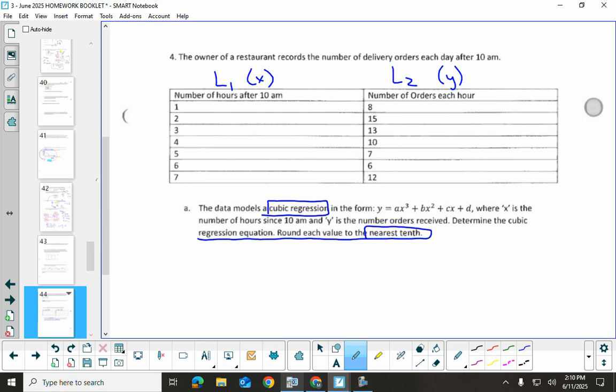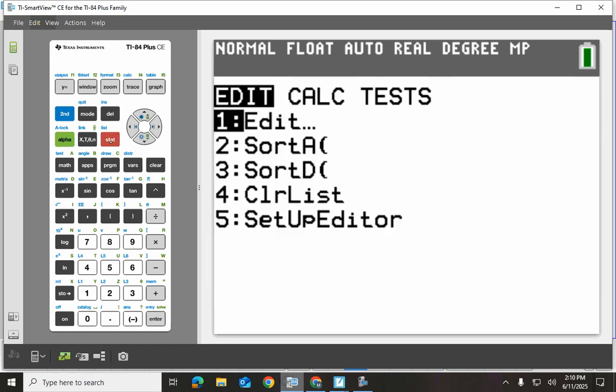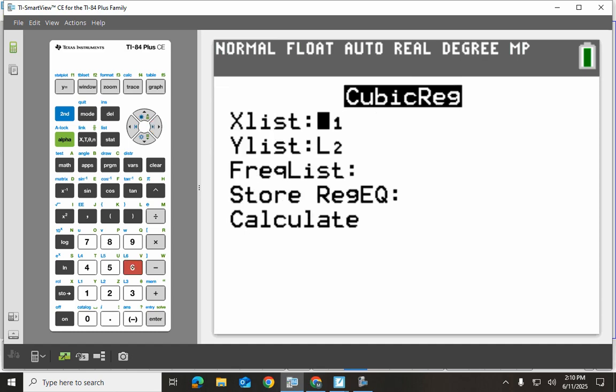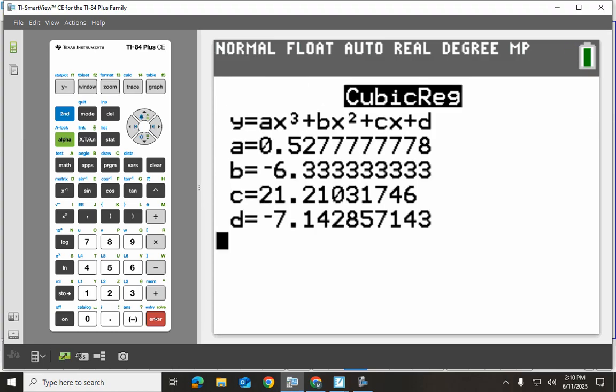So cubic reg, hit stat, go over to calc. Cubic reg is number 6. So hit number 6, go to calculate. Okay, so we're going to take each of these numbers, A, B, C, D, plunk them into A, B, C, D, rounding to the nearest tenth.